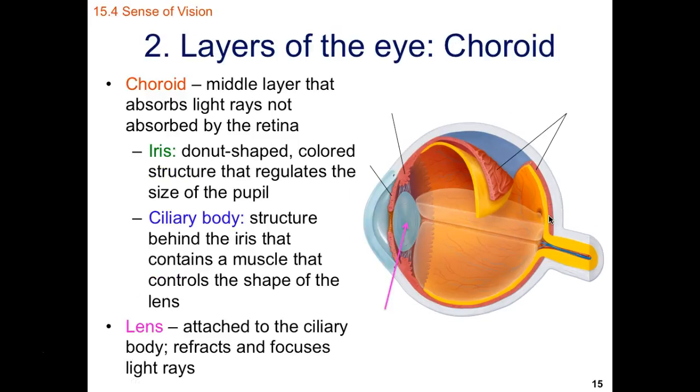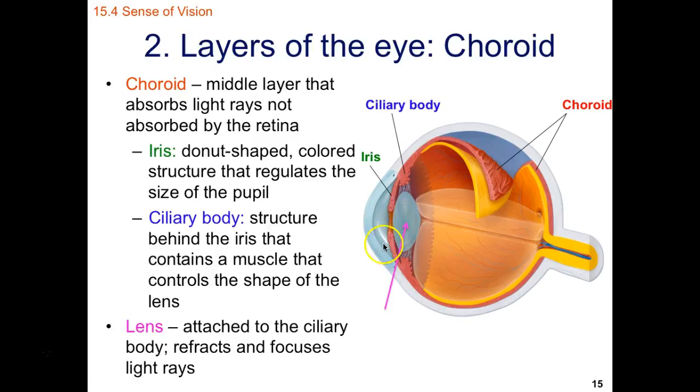All right, our middle layer, the choroid. This is going to absorb light rays not absorbed by the retina. And it is going to consist of, let me fast forward here a little bit. Where's our iris? There it is. So here is our iris, and keep in mind the eye is cut in half.